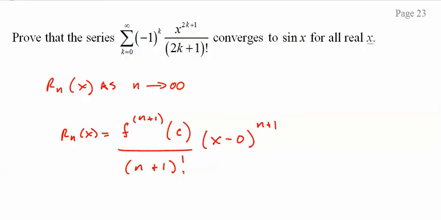I'm bothered by it a great deal. But it's some c value between x and 0. And you'll see how we're going to prove that it works going one way, therefore it has to work going the other way. We'll get to that shortly.